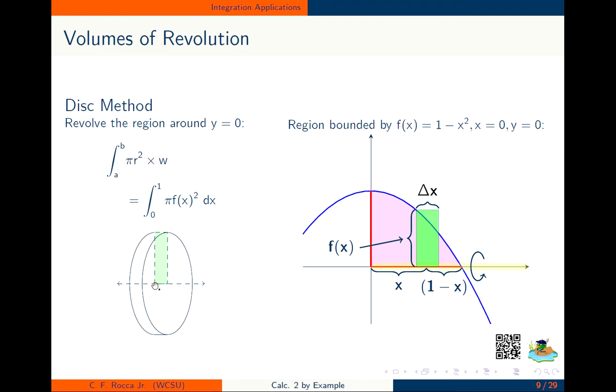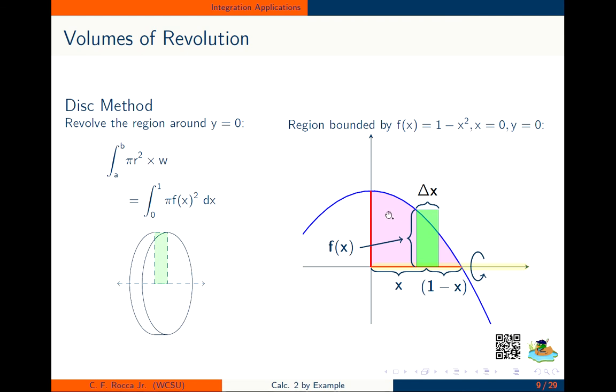Right. And so what we're left with is this disk shape, and the integrand, pi f squared dx, is the volume of a single disk, and the integral represents the process of adding up these infinitely many, infinitesimally thin disks.